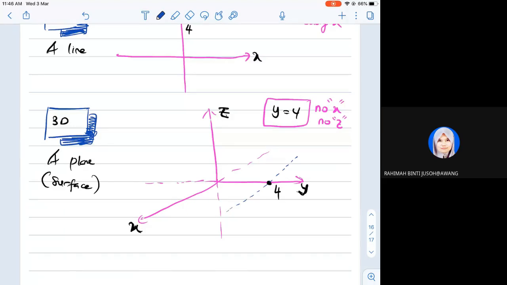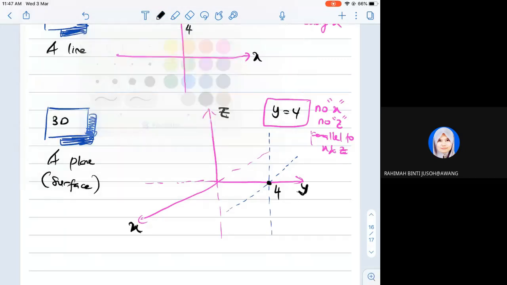So that's the line parallel along X. And then, parallel to Z, trace dia adalah parallel along Z, menegak.